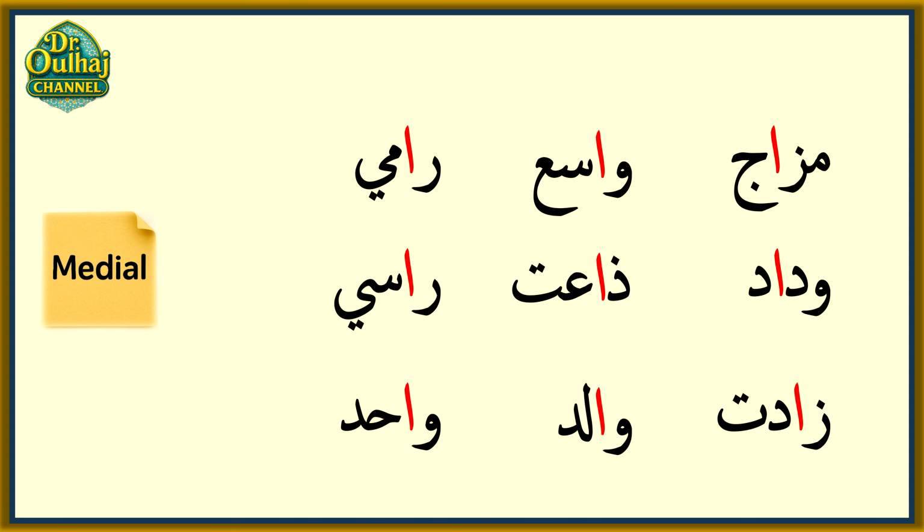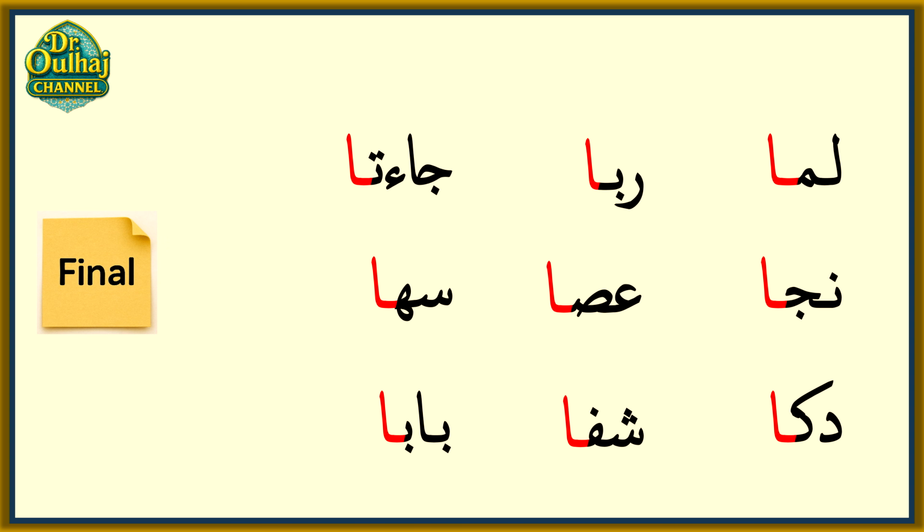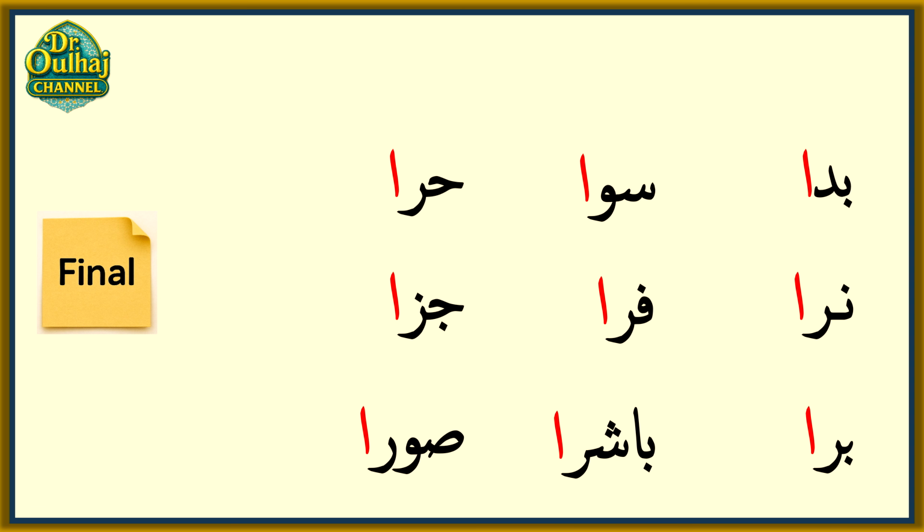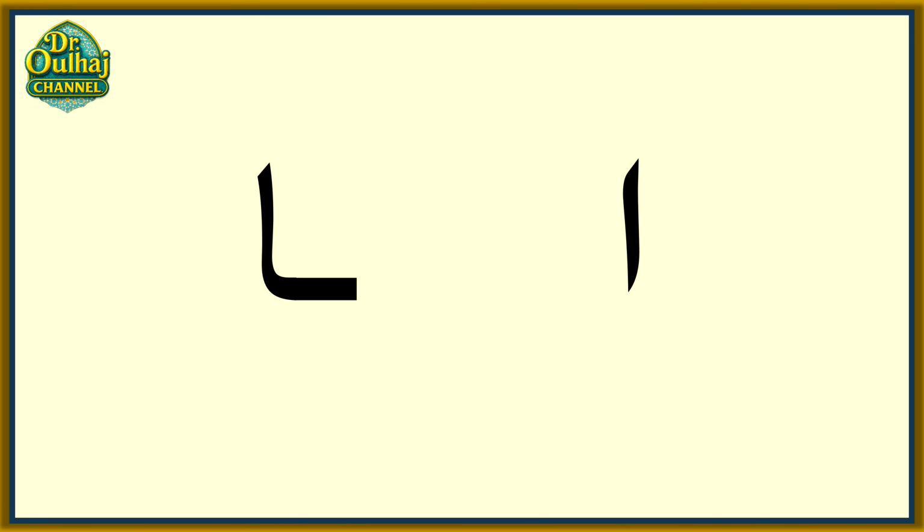At the final position, the same is true, connected to the letter before, as in the following words, or isolated if the letter before does not connect, as in the following words. So remember, Alif never connects forward, but depending on its place in the word, it may look like this or this.